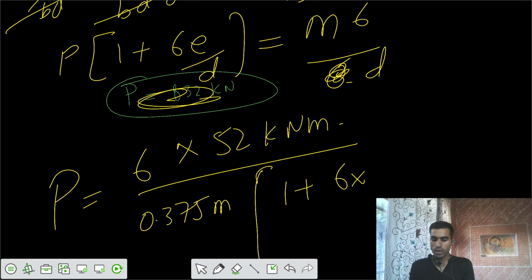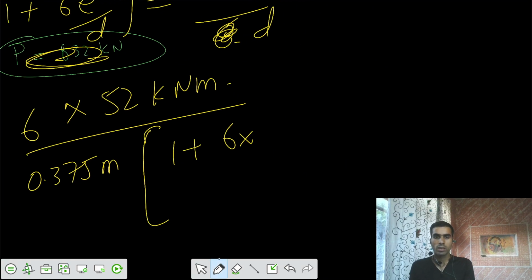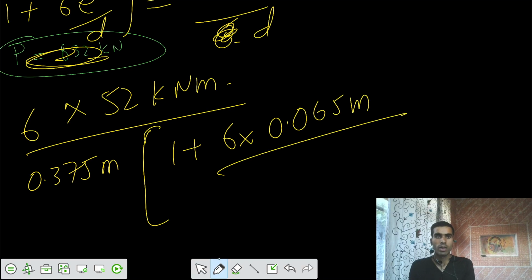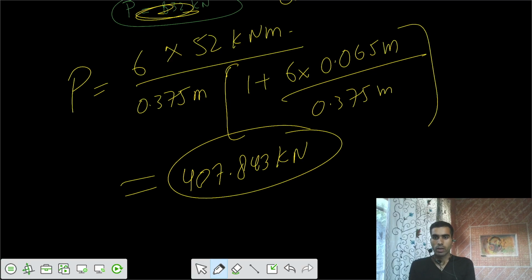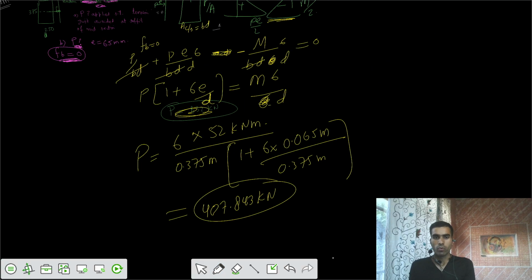Eccentricity was given as 65 millimeters, 0.065 meters, divided by the value of D, 0.375 meters. So you get the value of P equal to 407.843 kilonewton. This is the force that you need to apply, 407.